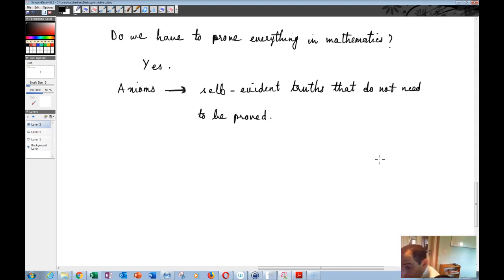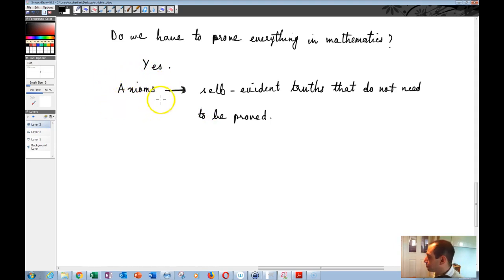It depends on the kind of education system that you might be in, or the kind of books that you might be reading. But in the Indian education system, this whole business of proving and axioms and everything starts at 9th grade.